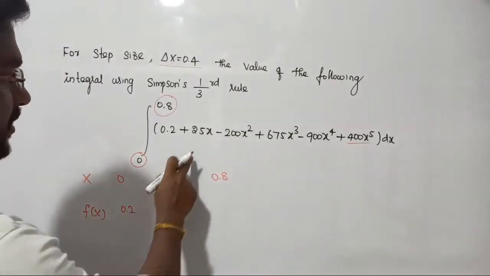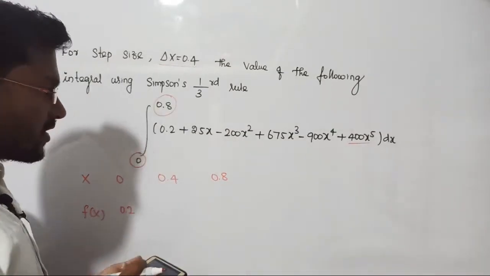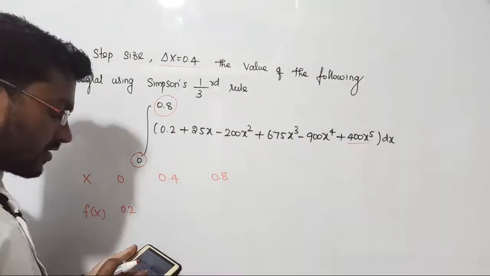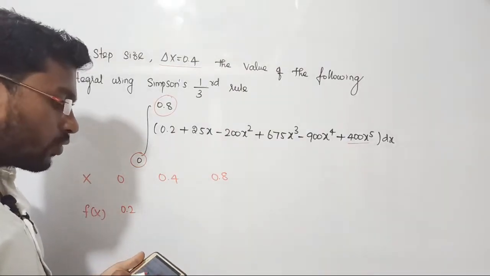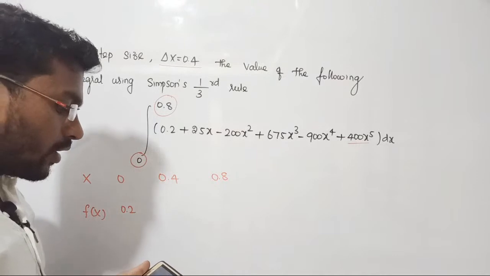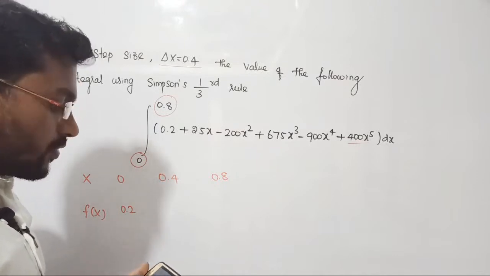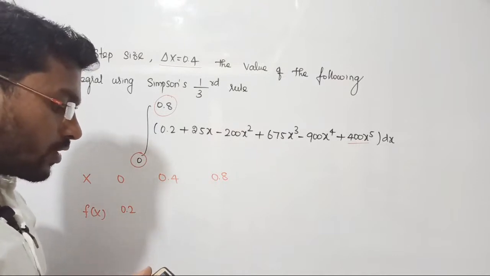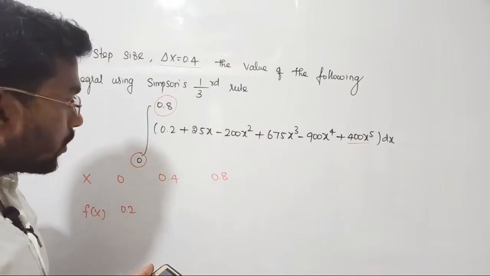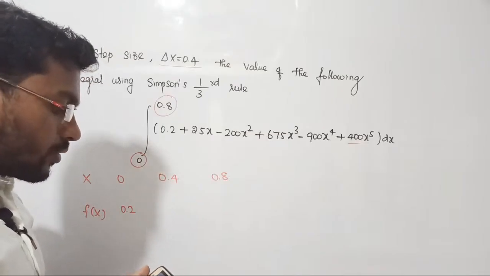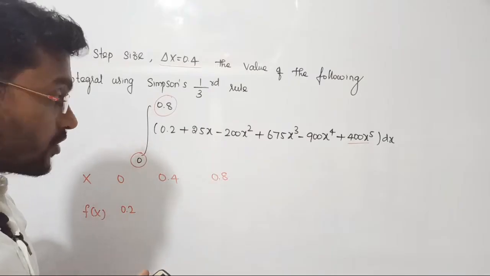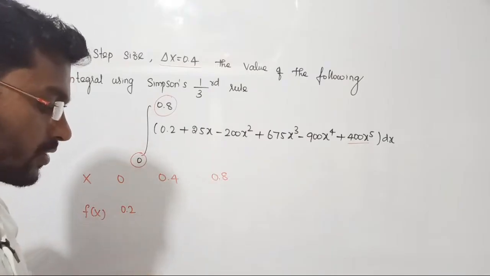Fine. Anyway, x is 0.4, yes? Let's try and bring the answer. If it is 0.4, then the answer is 0.2 plus, in bracket, we have to consider 25 into 0.4, right? That is over, and then I have to give minus in bracket.